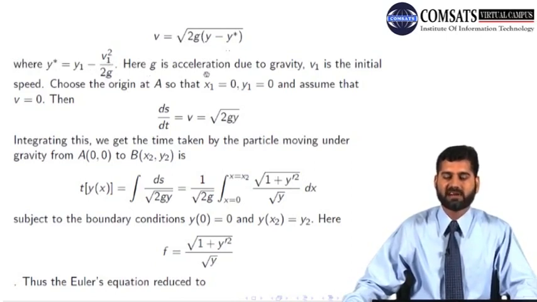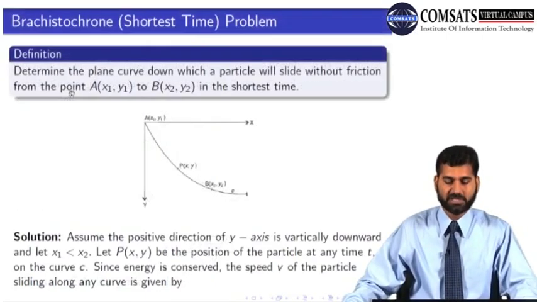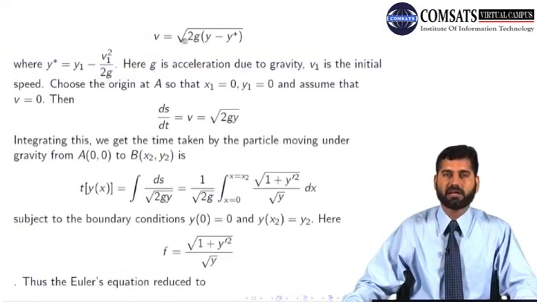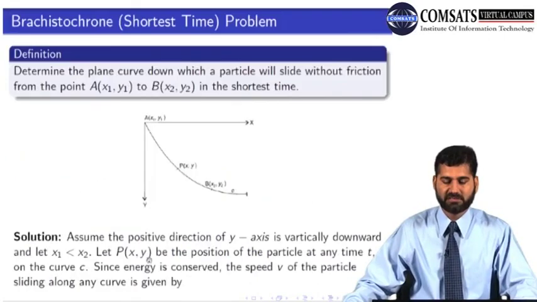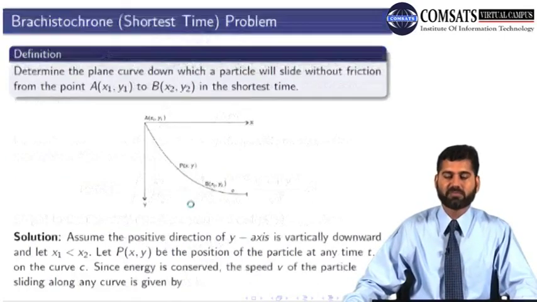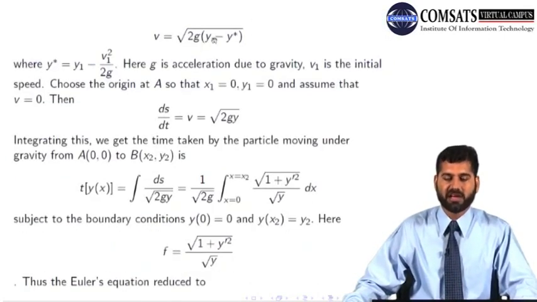Here g is the acceleration due to gravity, v1 is the initial speed. All right, so this came from the energy conservation, all right. So from there we got this expression where y star is basically y1 minus v1 square by 2g. y1 is the initial point and v1 is the initial velocity.